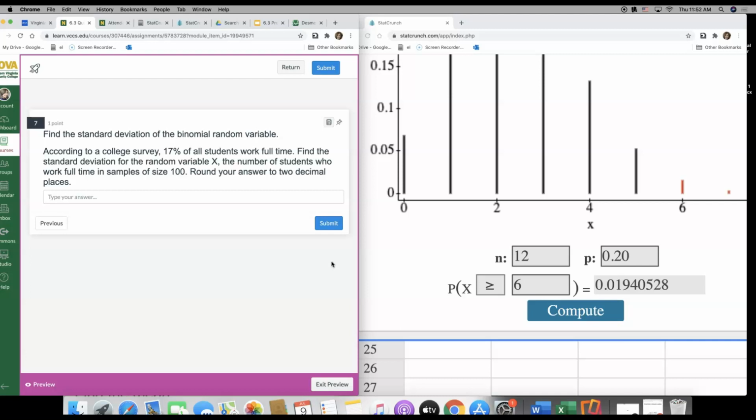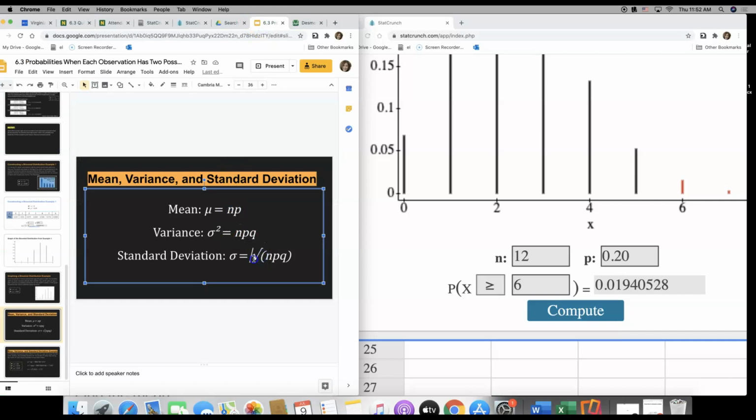Round your answer to 2 decimal places. Remember, the formula is the square root of n times p times q. And in class, we talked about how to find q, simply 1 minus p.